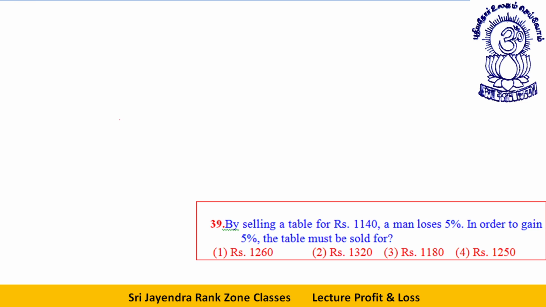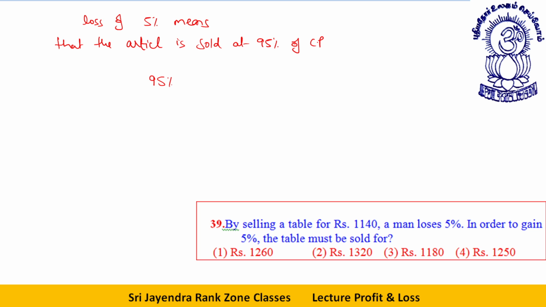See, this is different. By selling a table for 1140, a man loses 5%. Loss of 5% means that the article is sold at 95% of CP.